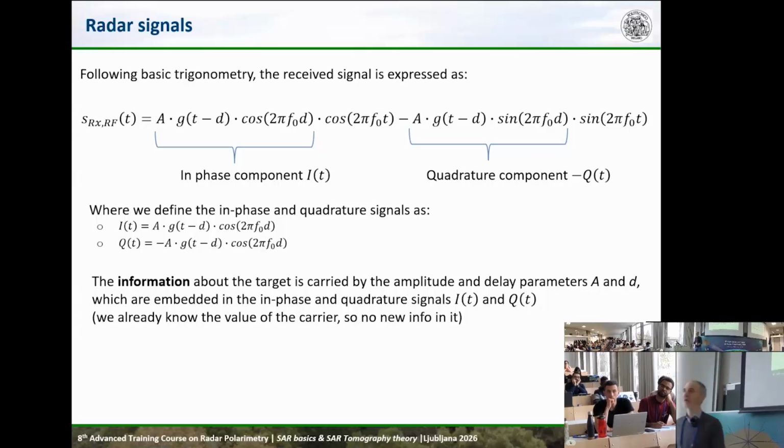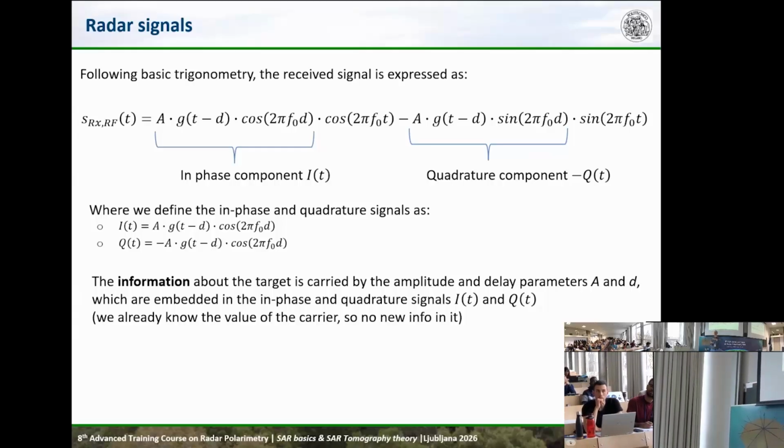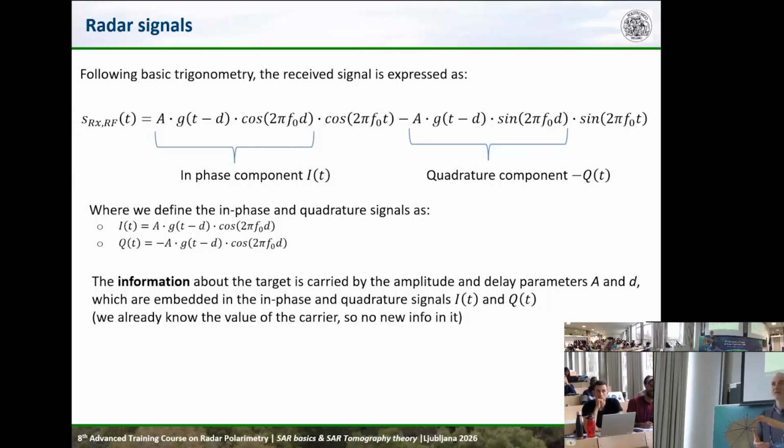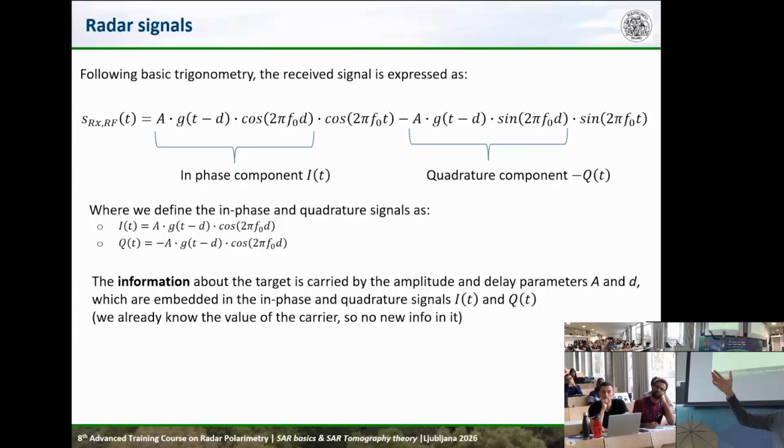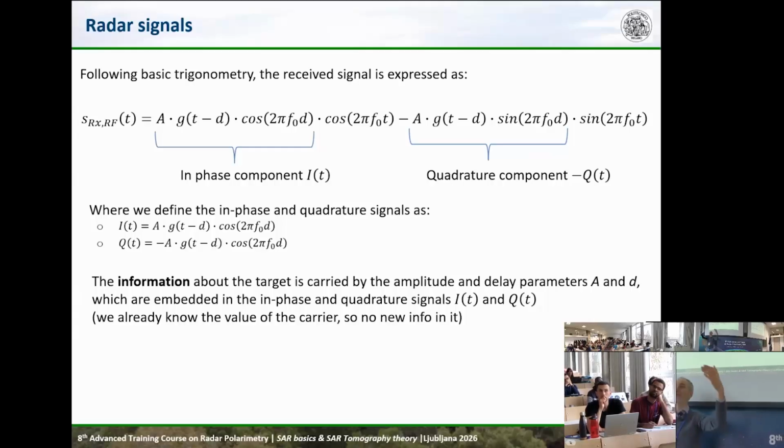If you are receiving an echo from a cat, this term A is likely to be very small, because the cat is not very reflective at P band. But if instead of a cat you are looking at a metallic building, then you would expect this term A to be very large, because the reflected wave is very strong.